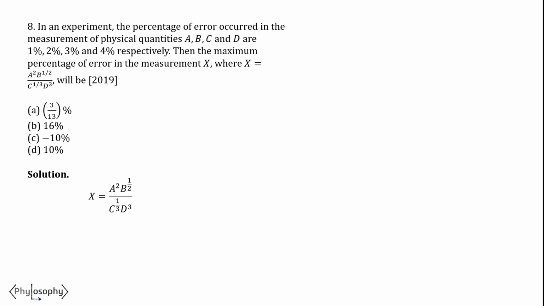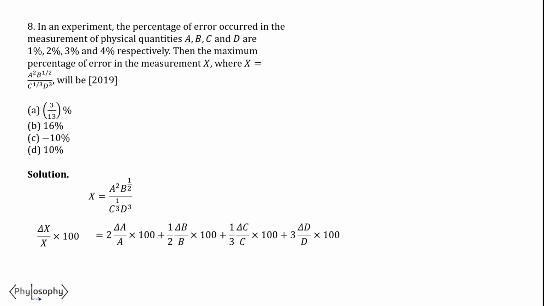In the first step, you have to take the logarithms on both sides of the expression, and then in the second step, you have to take derivatives on both sides multiplied by 100, and after that the percentage of error in X will be delta X over X times 100 equals 2 times delta A over A times 100 plus half times delta B by B times 100 plus 1/3 delta C by C times 100 plus 3 times delta D by D times 100.